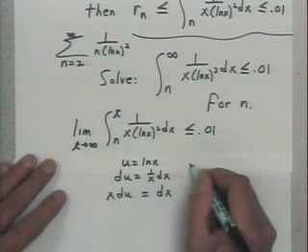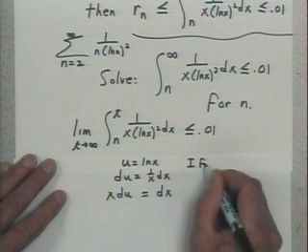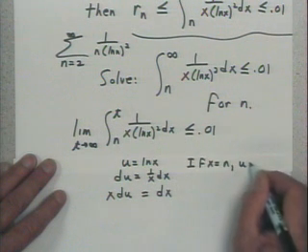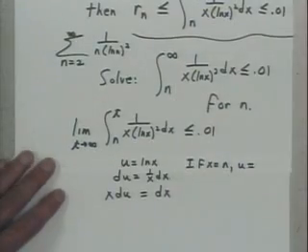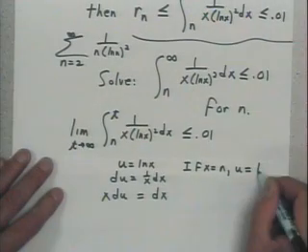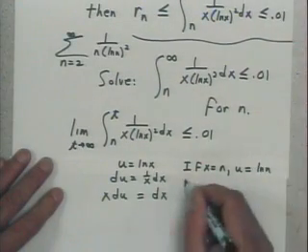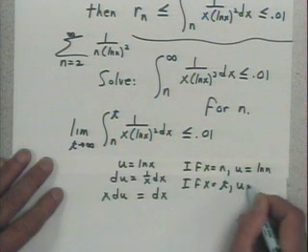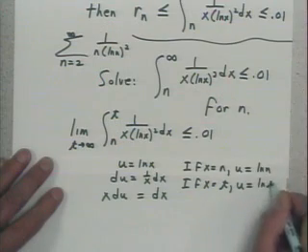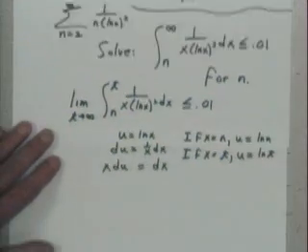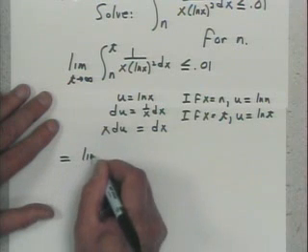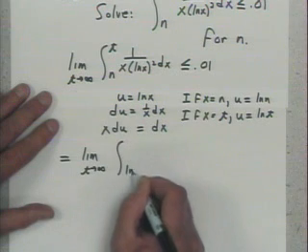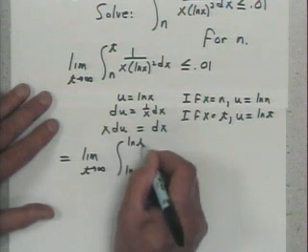And then changing my limits, if x equals n, what is u? Right, natural log of n. If x equals t, what is u? Natural log of t. So this now becomes the limit as t approaches infinity of the integral from natural log of n to natural log of t.